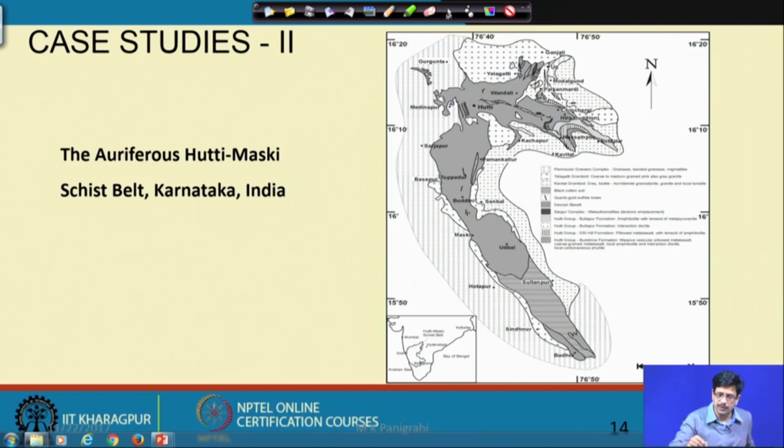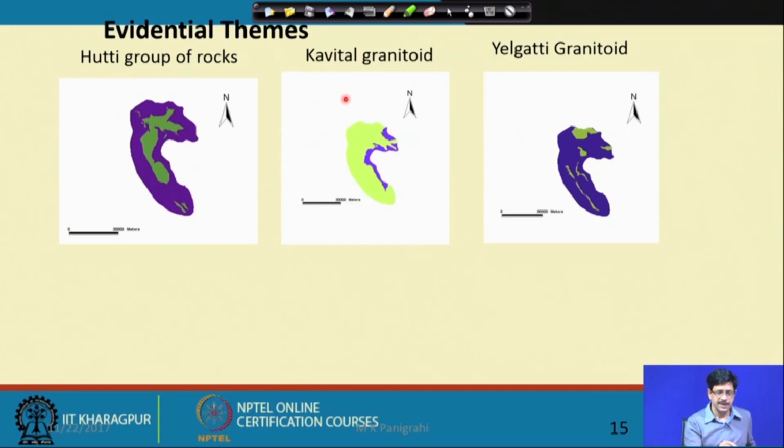So, let us see what we could do. This is the example where the Hatti group of rock is shown here, and it works as a binary theme in the sense that wherever the area is shown in green, the presence of the Hatti group of rock is considered as the feature being present, or the value being 1, and the rest the value being 0.